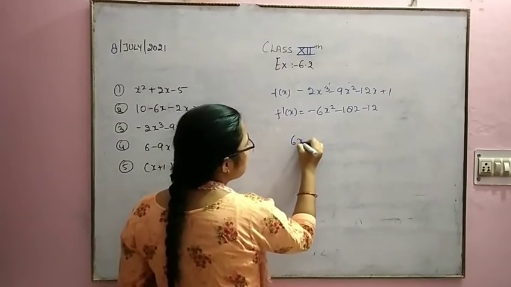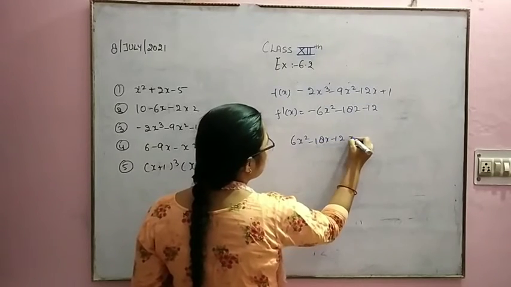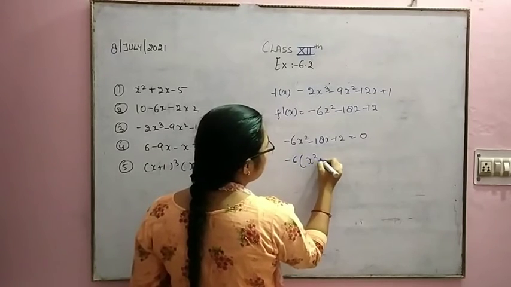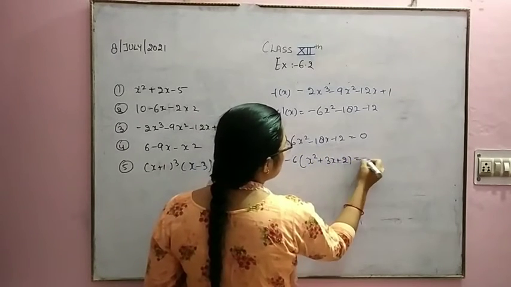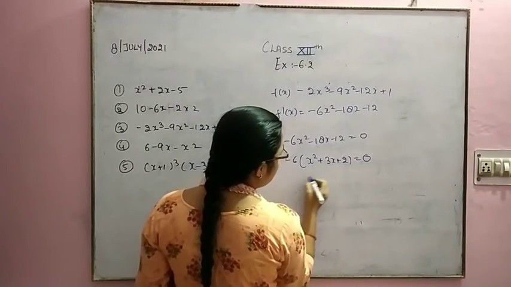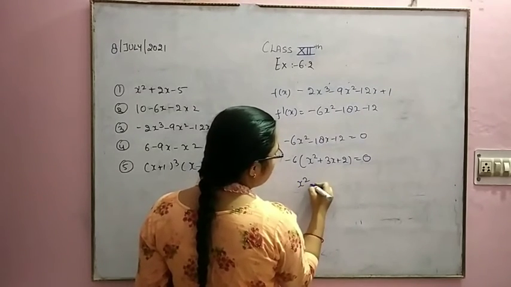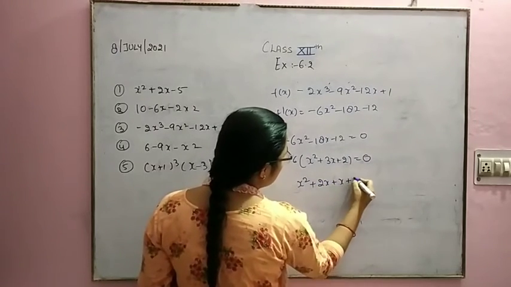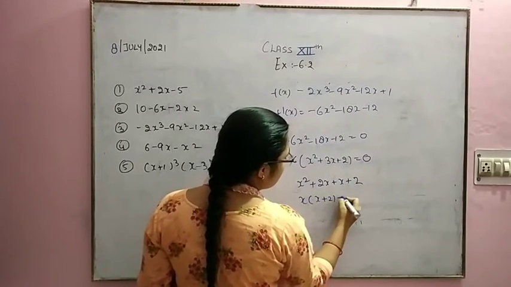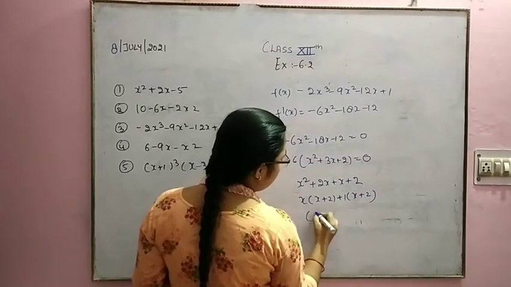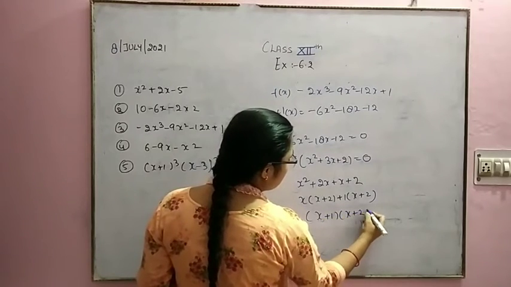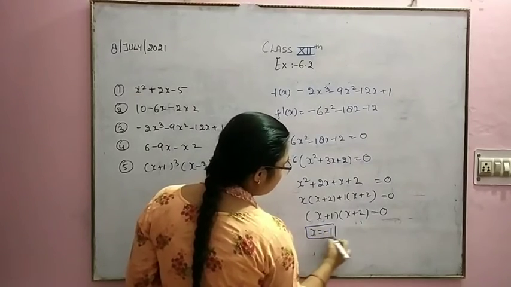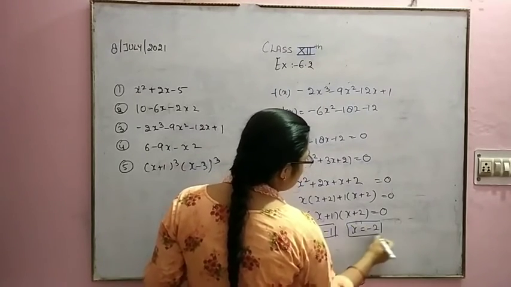Taking common minus 6, we get x square plus 3x plus 2 equals 0. As factors we get x square plus 2x plus x plus 2, that is x into (x plus 2) plus 1 into (x plus 2). We get factors (x plus 1) and (x plus 2) equal to 0. By solving this we get x equals minus 1 and x equals minus 2.